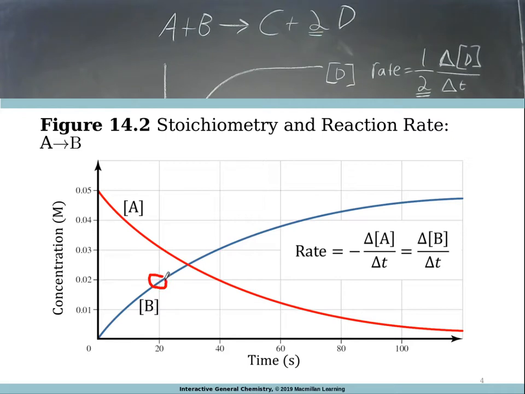So we'll look at how the concentration of B has changed over the first 20 seconds. And let's put numbers in here for our rate. What is the change in the concentration of B? Well, it went from 0 to 0.02 molar. So the change was a positive 0.02.